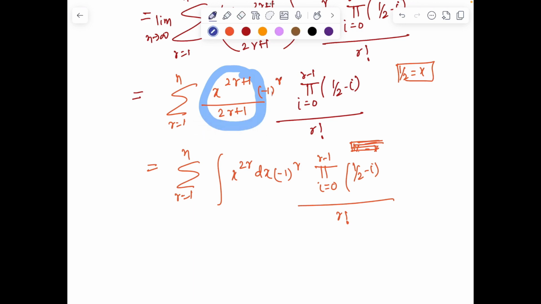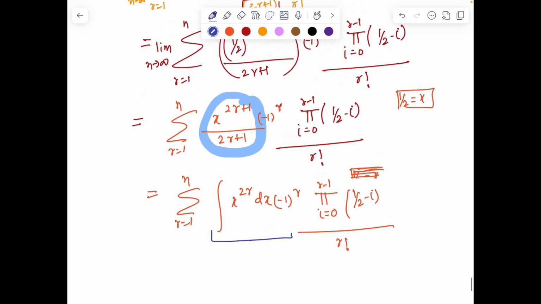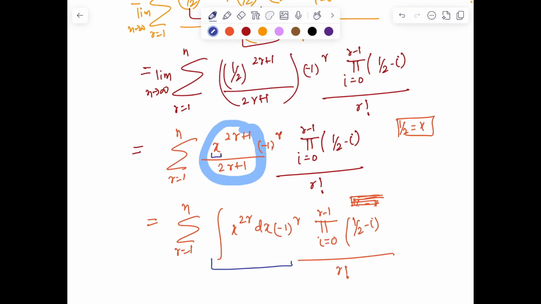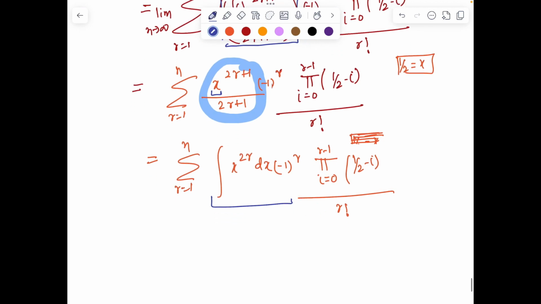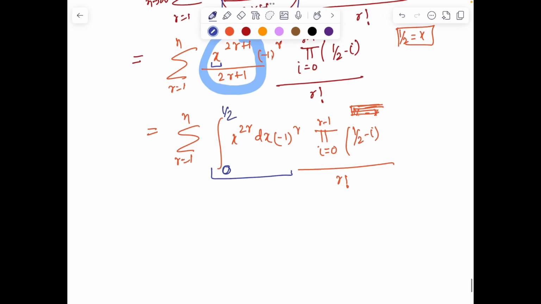Now unfortunately this does not feel very nice because finally we must get x is not a variable, right? So x is half, so I should get an expression like half to the power 2r plus 1 by 2r plus 1. So that motivates us to integrate this from 0 to half, because if I see the integral from 0 to half of x to the power 2r dx, that will give me x to the power 2r plus 1 by 2r plus 1 evaluated from 0 to half, which is half to the power 2r plus 1 by 2r plus 1.